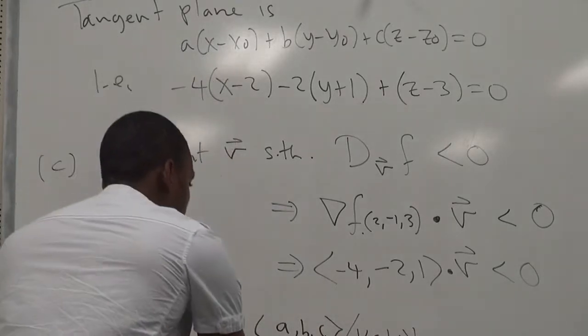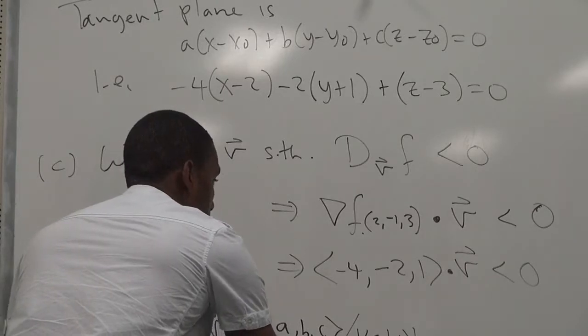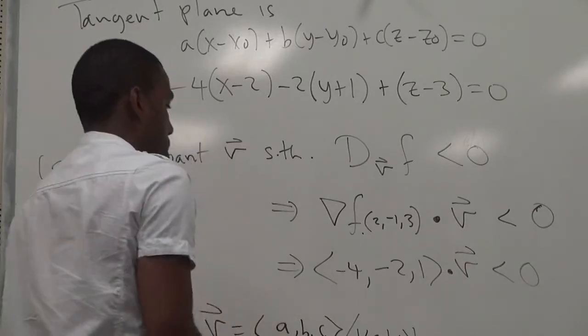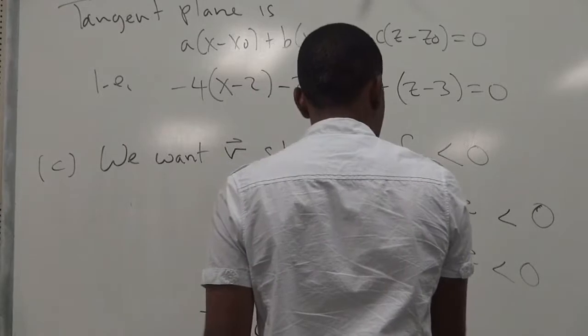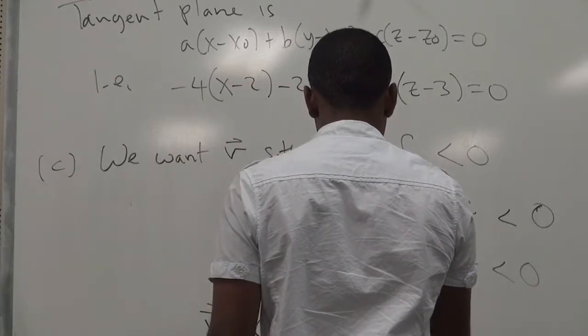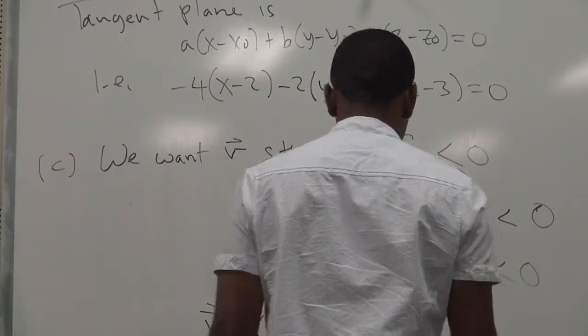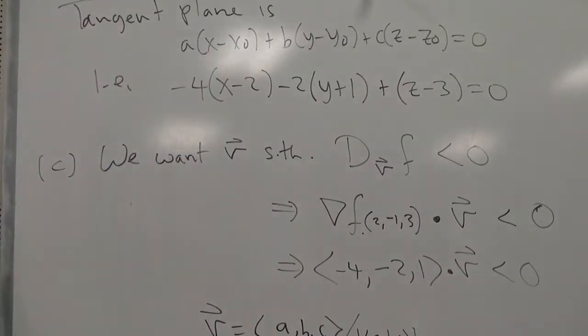So we want -4a minus 2b plus c to be less than 0. And you can pick anything for which this is true.